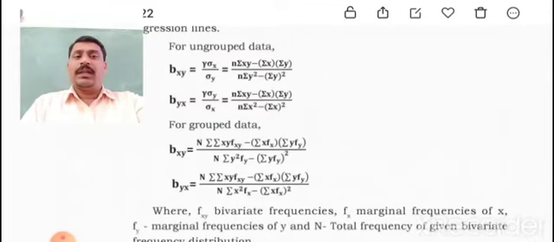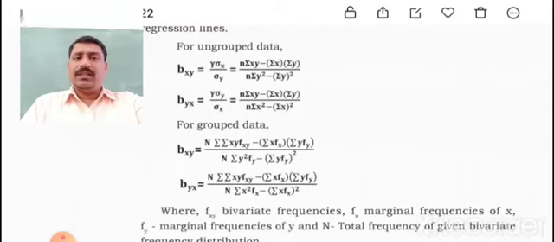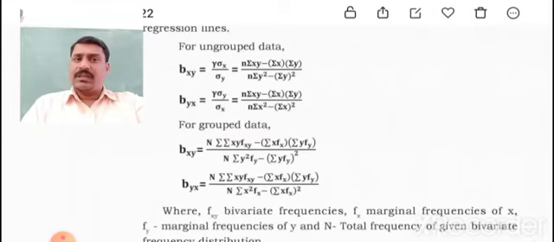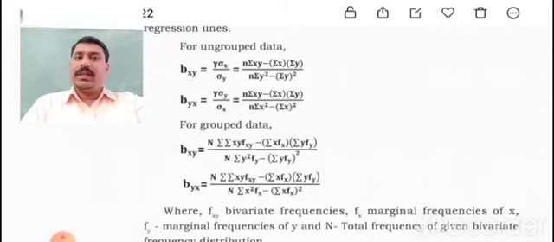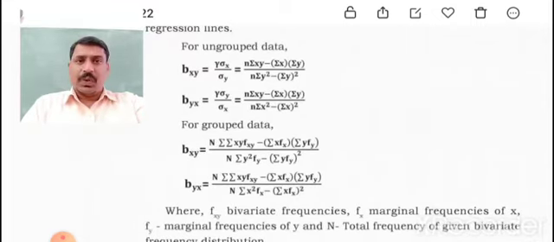Then for grouped data, again it is the same as the correlation formula: n summation xy fxy minus summation x fx into summation y fy, divided by n summation y square fy minus summation y fy whole square.